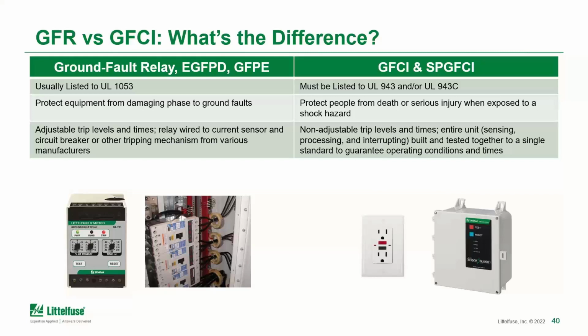The GFCI products, both the Class A as well as the special purpose GFCIs, have trip levels that are fixed. And the key part is that the entire unit, that's the sensing, processing, interrupting, everything, has to be packaged together and tested as a package so you know exactly what you're going to get.